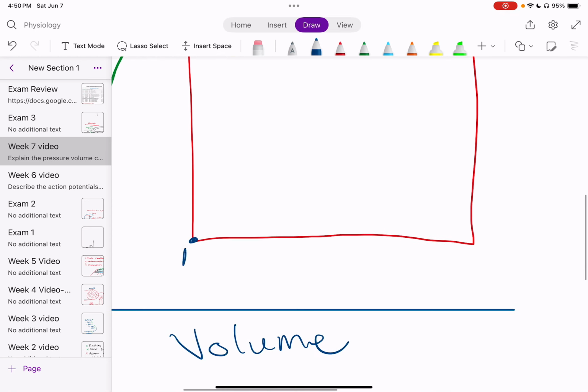This is the spot where the AV node opens. This is when the AV node closes. This will be referred to as our inflow to diastolic.